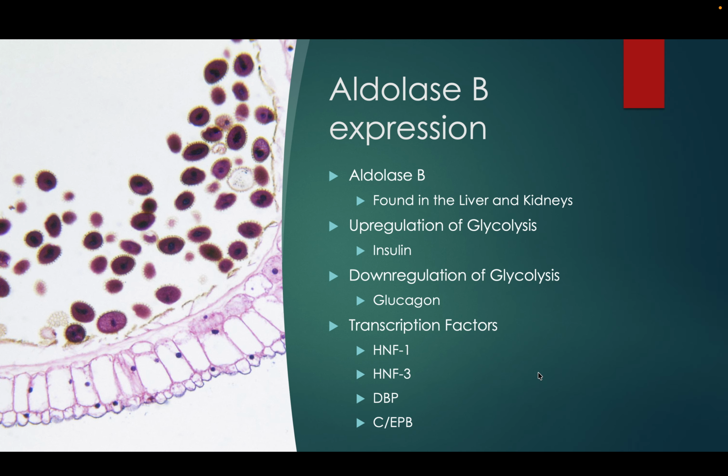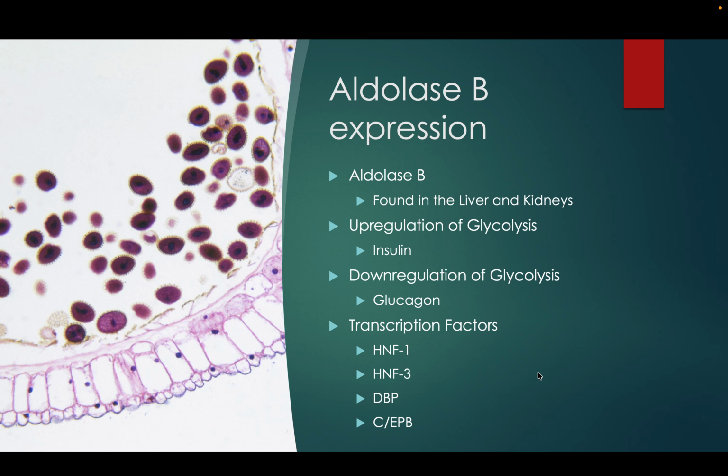So, aldolase B expression. As I previously mentioned, aldolase B is part of the family of class 1 aldolases. This is the class that is found in mammals. And then specifically, the type B aldolase is found in the liver and also in the kidneys.